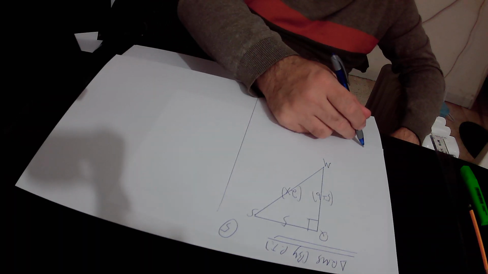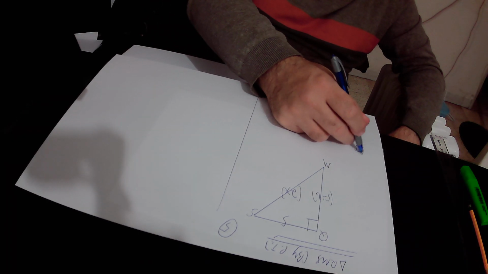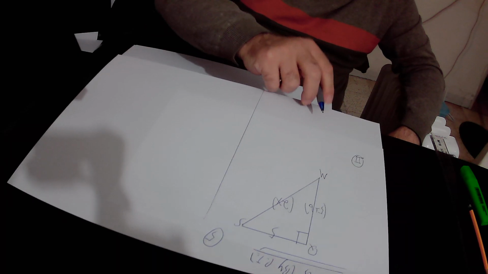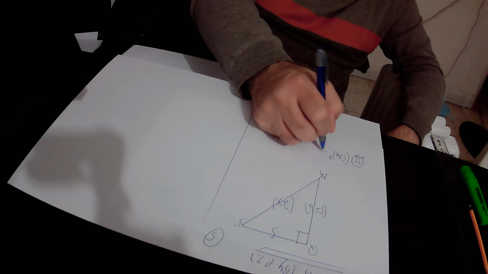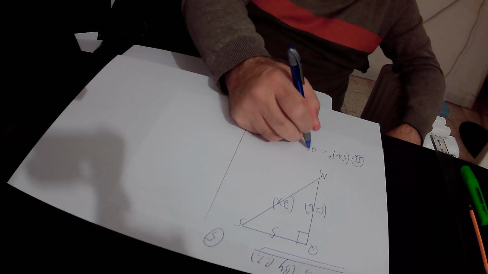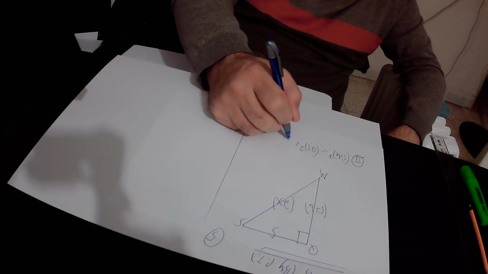So in this right triangle QMS, by PT, the abbreviation for Pythagoras theorem, we get that SM square equals QS square plus QM square.